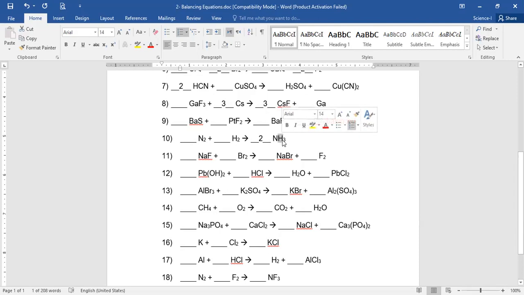So here we have 6 hydrogen on that side, but here how many hydrogen do we have? 2. What should we multiply here? How are we gonna make them 6? 2 multiply 3. 3.